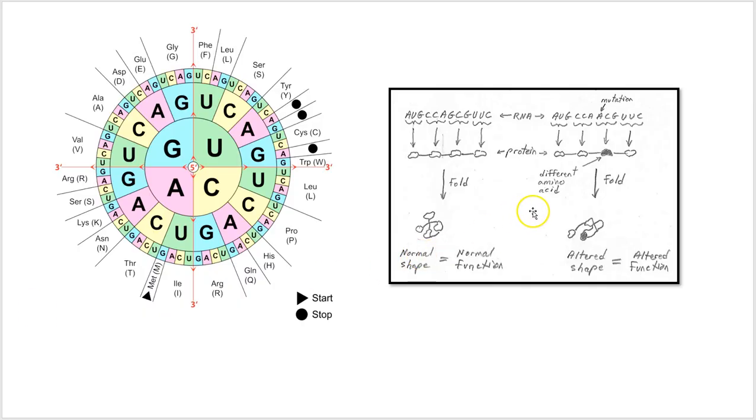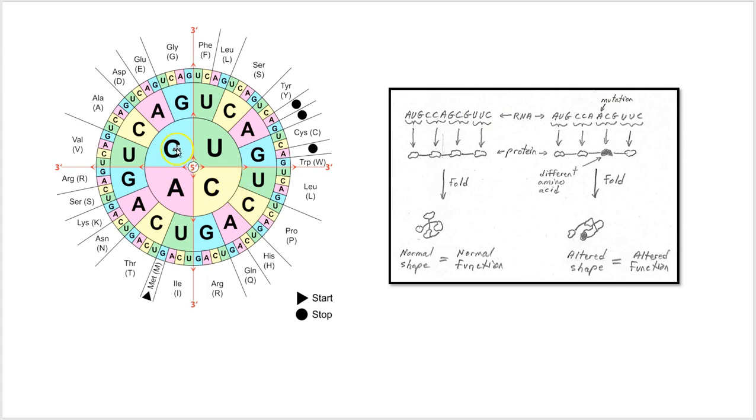Let's just confirm that a mutation can indeed alter a protein. Here's a messenger RNA sequence with certain amino acids specified by the triplets. Let's say that we make a change in the first position of this triplet here. So we go from a GCG to an ACG.